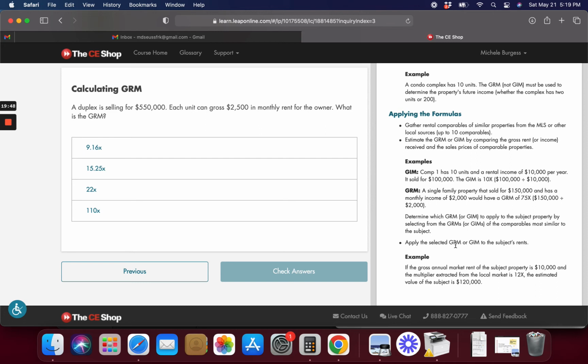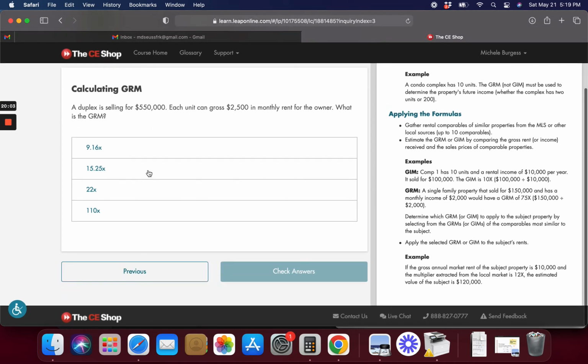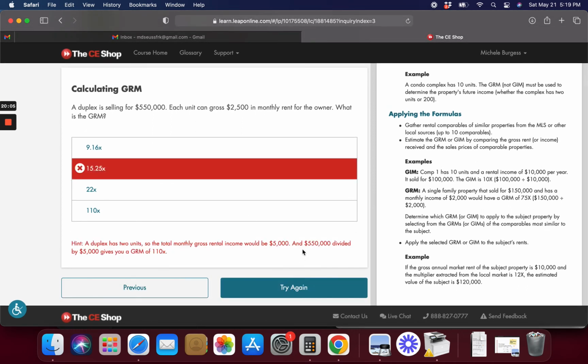Still doesn't make any sense to me. I still don't see how they're getting this. I'm going to click on anything just to get the formula. So it has 2 units, so the monthly income would be 5,000, and 550,000 divided by 5,000 gives you 110. Okay. All right.